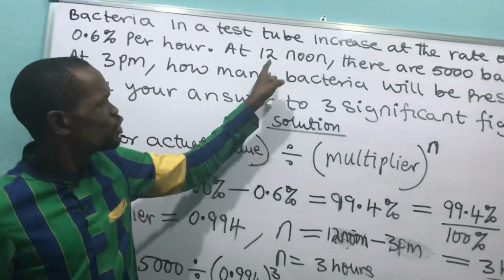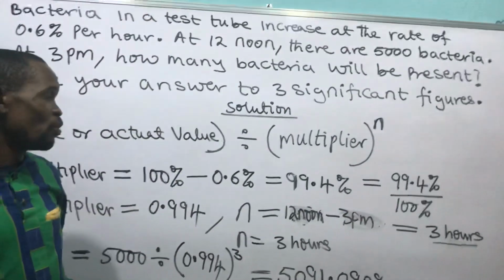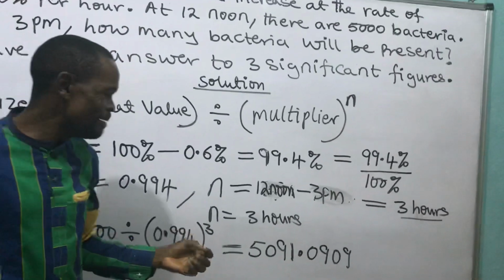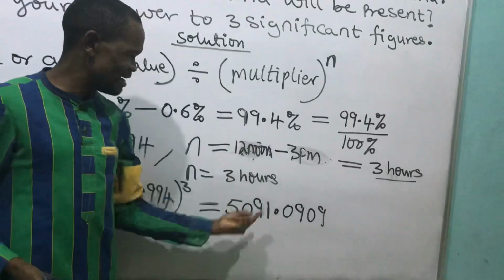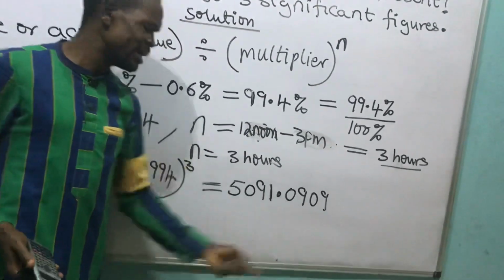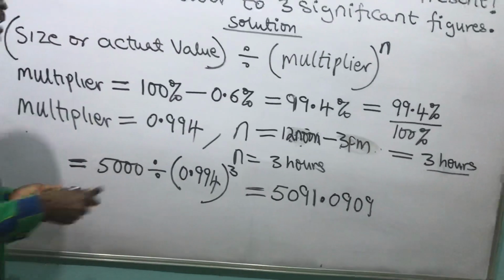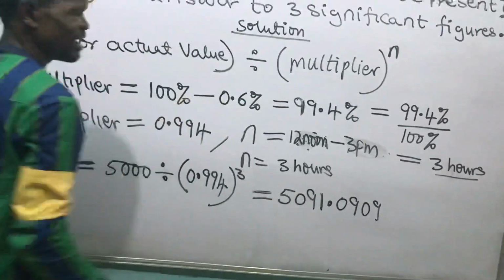You remember at 12 noon it was 5,000 bacteria. But now at 3 p.m., there is an increase of bacteria, which generated to 5,091 bacteria. Then what they said is, give your answer to 3 significant figures.